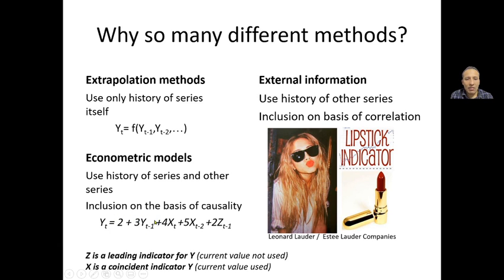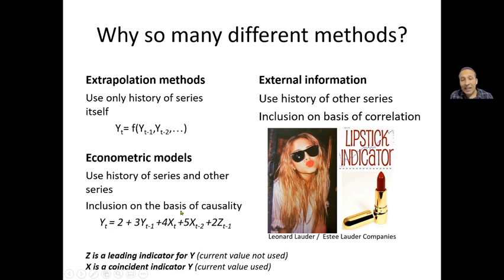So I think we have a lot of room here to include many types of variables in econometric models. We have external information, which are these parameters that are explaining the model, and the use of other series in order to calculate econometric models, and their inclusion on the basis of correlation.